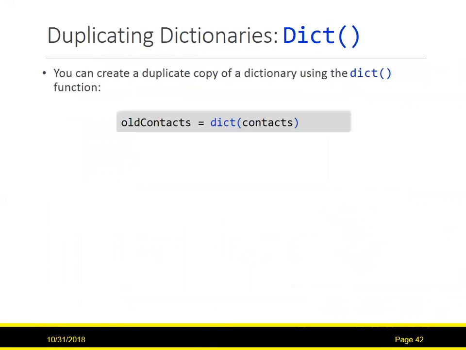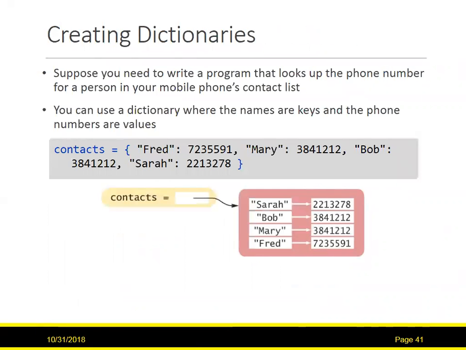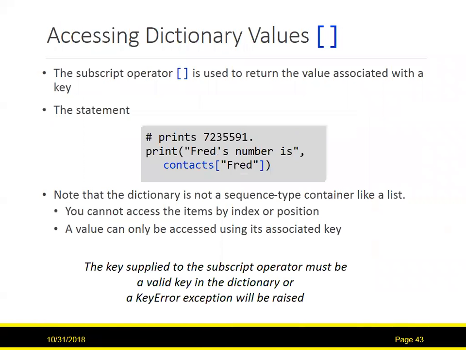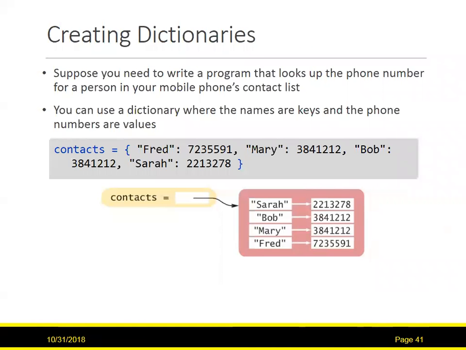In this dictionary the key is Bob and the value is this number. So whenever we print out contacts, square bracket, Fred, did I just do Bob? Yeah. Same idea. We print out contacts, square brackets, Fred, it'll go and retrieve Fred's phone number.